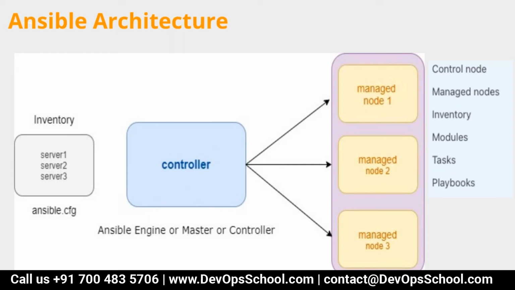You can install the Ansible master wherever, like on your local computer, wherever you are working, or in a cloud server or virtual machine. If you want to manage everything in the cloud, you can install the Ansible master on any server in the cloud, like AWS or Azure, and from there you can control all the nodes on that particular cloud environment, whether it is production, dev, QA, anything.